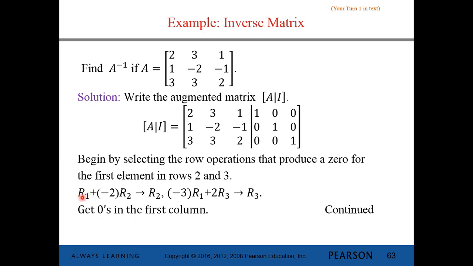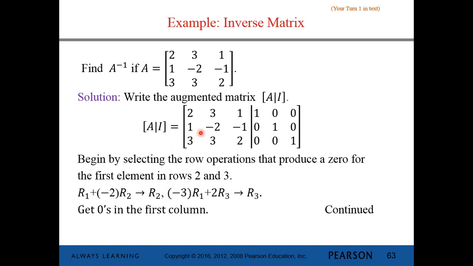So we're going to do row 1 plus -2 times row 2. That's going to get a -2, a 4, this is going to be 2, and this will be 0, and this will be, oh, hold on, this will be 0, this will be -2, and this will be 0. Then we take this row and add it to this row and replace the second row.